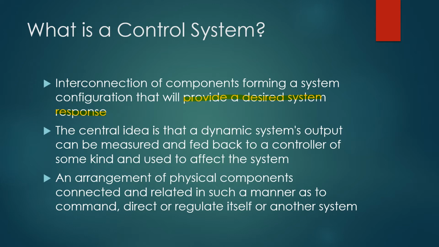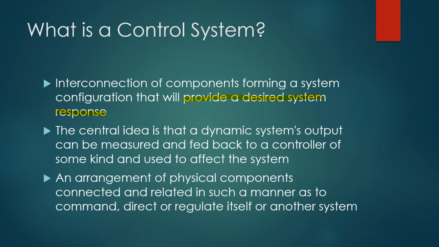Another definition states that the central idea of a control system is that there is a measurement of the system's output and have it fed back to a controller and use that fed back measurement to affect the system. The second definition actually points out to a dynamic control system which can actually react or respond rather to changes or errors in the system.